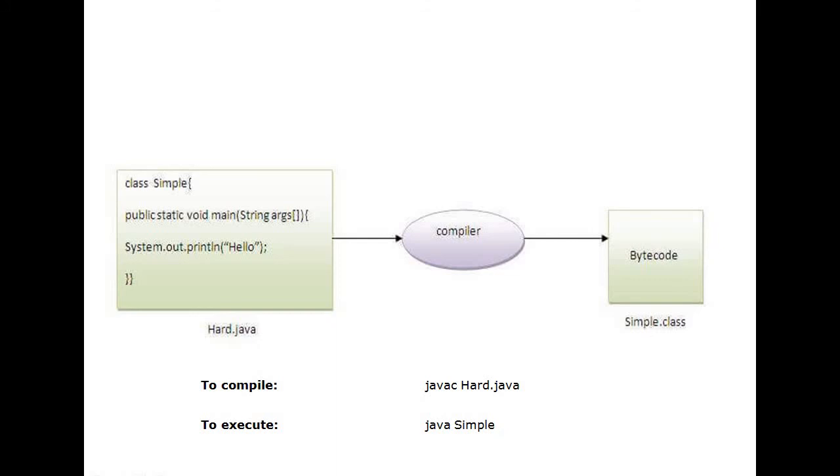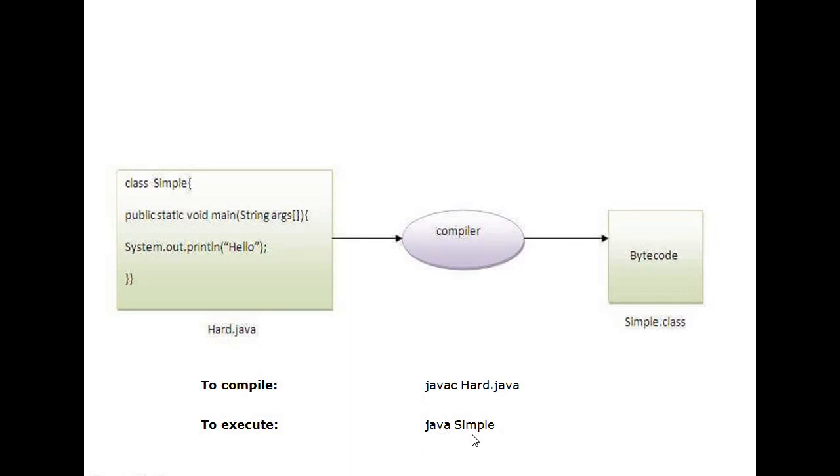So whenever the file name and class name are different, there is no problem, but you must remember these things. You compile with javac hard.java, this is the file name, javac filename.java. But whenever you execute, you must write the corresponding .class file, which is simple. So I write java simple.